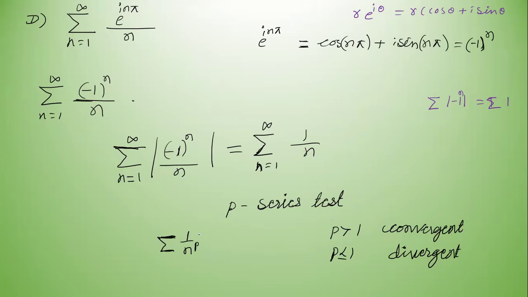By the p series test, summation n equals 1 to infinity 1 by n raised to p, if p greater than 1, in this case the series is convergent. If p less than or equal to 1, in this case the series is divergent. Here, p is less than or equal to 1, therefore this series is divergent.